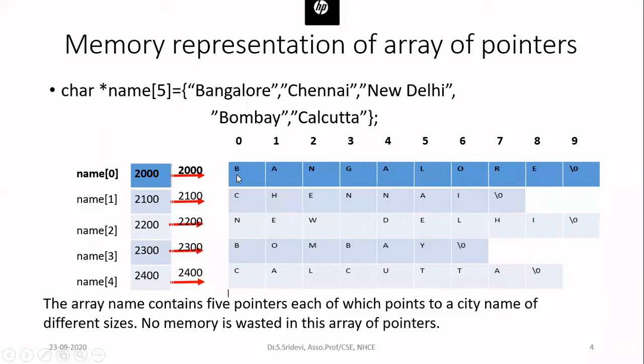Here you can see I have allocated 10 character space for Bangalore. Whatever the starting address of that memory is, you have to store it in name of 0. Suppose you assume that B is stored at address 2000, in name of 0 you have to store that address 2000. Likewise, next you read Chennai from the user and allocate memory for Chennai according to the size of the string you read.